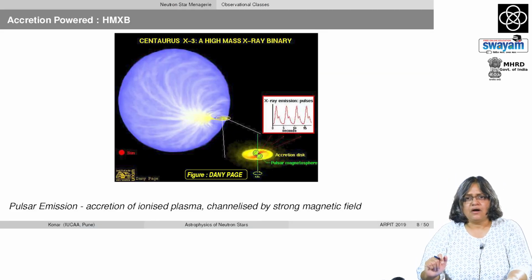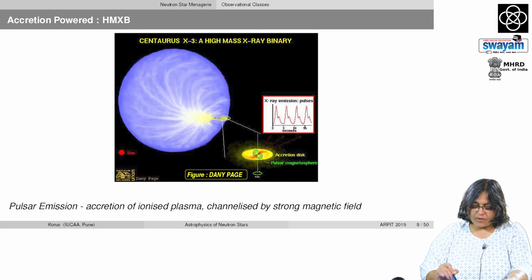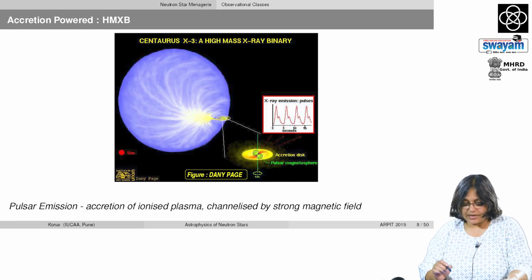Here is a schematic diagram for a neutron star which is accretion powered, residing in an HMXB. One can see that this is a very big star in its Roche-lobe overflow phase, and the accretion disk formed around the neutron star is very small compared to the stellar size.